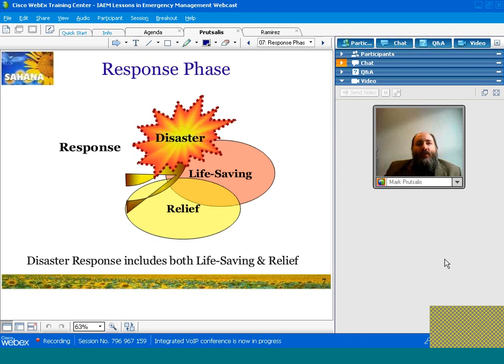And I also want to point out that these phases do overlap quite a bit, and we saw that in Haiti, where search and rescue operations went on for 2 to 3 weeks, which is very atypical of a lot of earthquake responses.